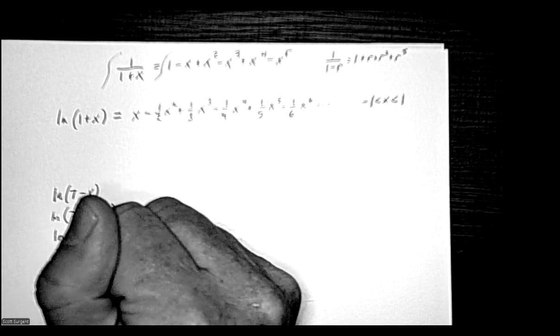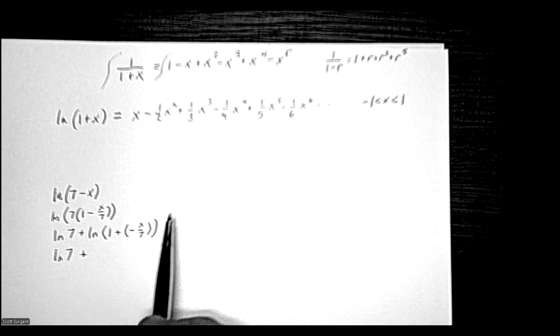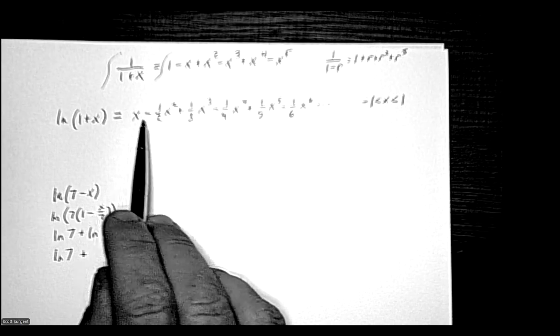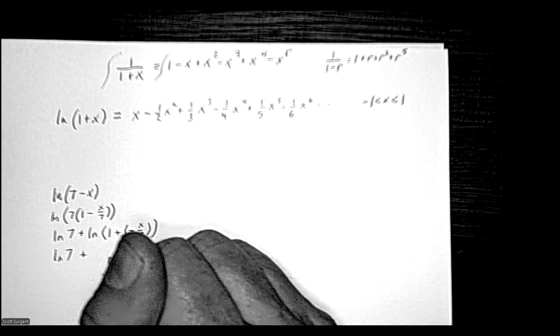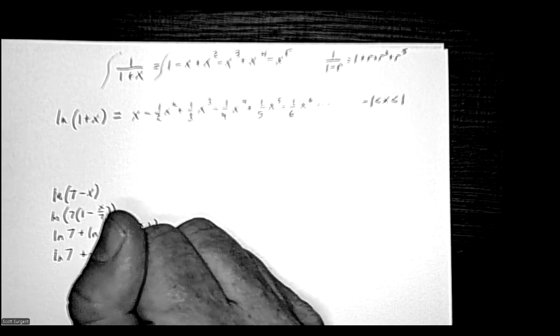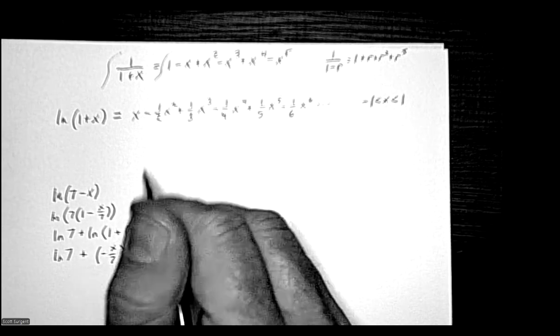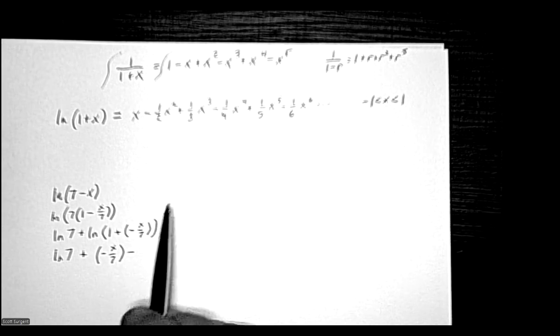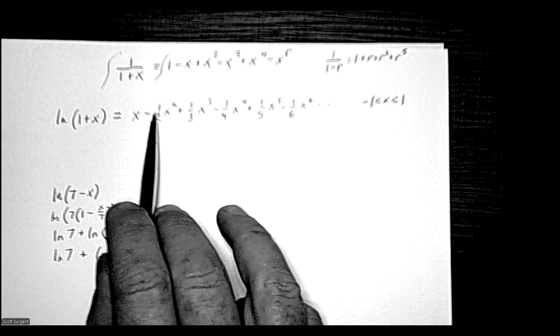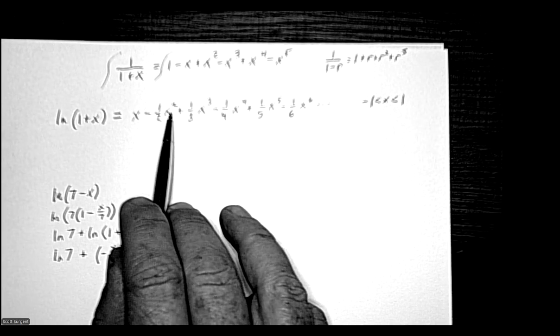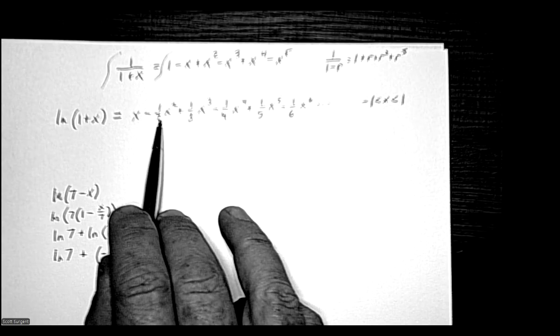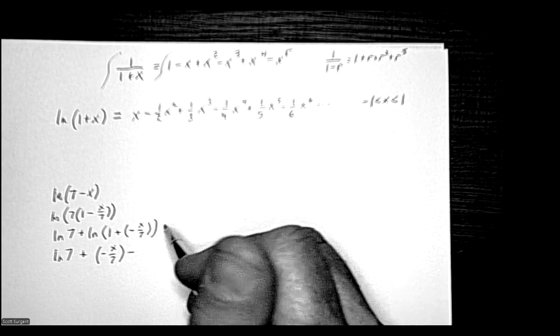So this ln 7 in front doesn't really do anything. Everywhere I have an x, I'm going to put a negative x over 7. So it's going to be negative x over 7. And it looks like the negative will cancel because it'll square away. So that'll be x squared over 49 and a 1 half.